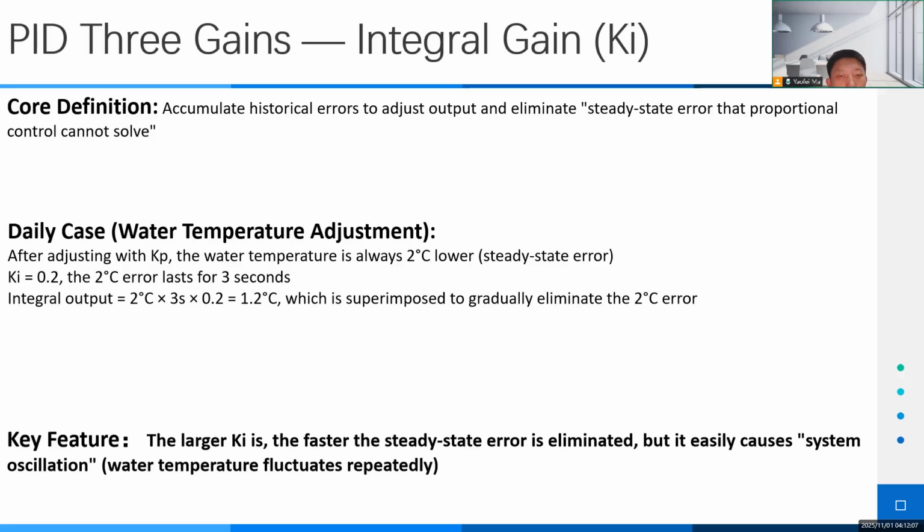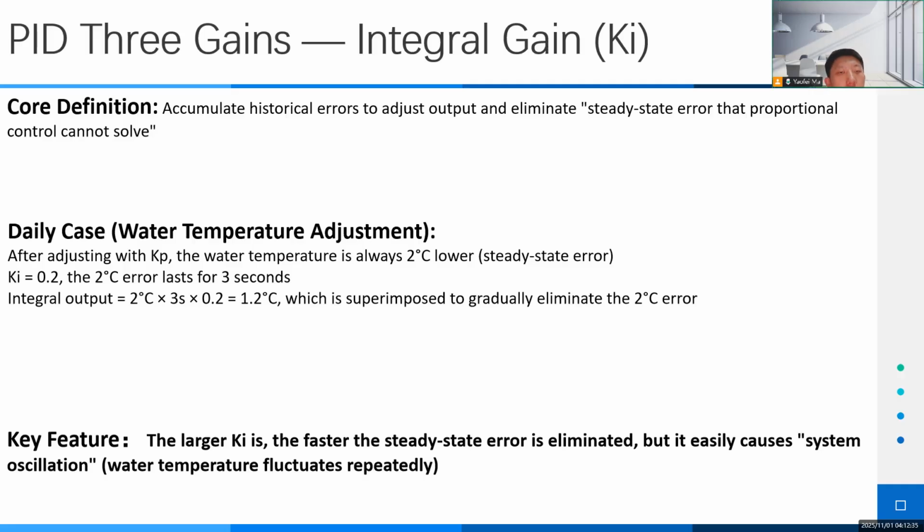The integral output is 2 times 3 seconds times 0.2, which is 1.2. We add this 1.2 to the KP output, and little by little, the error disappears.